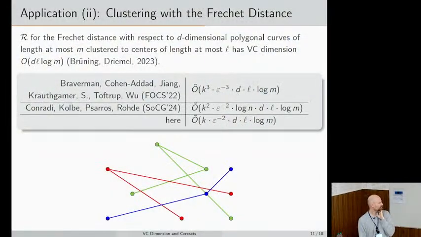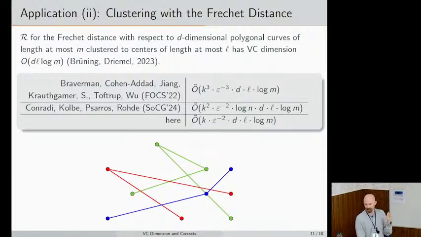Okay, so the other example that I have, and this is also work that Anna has been working on. I don't know, is the VC dimension actually tight? Does there exist a lower bound? I'm not sure. Okay, it is tight. So you can also cluster with a Fréchet metric.